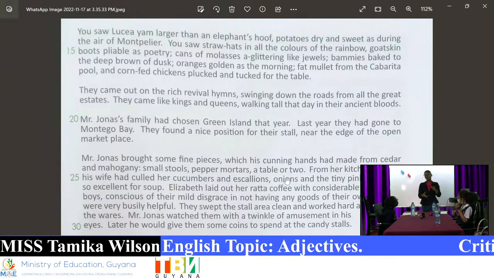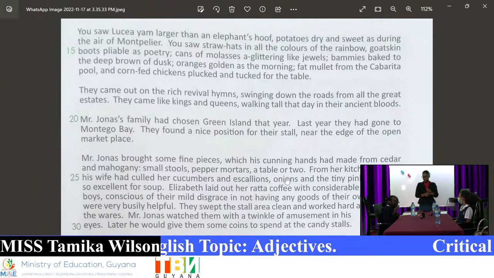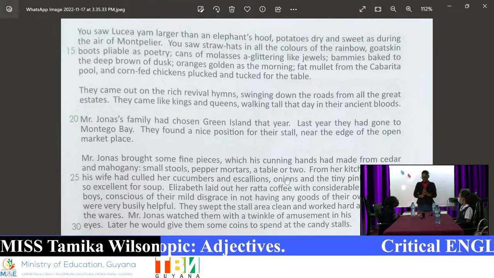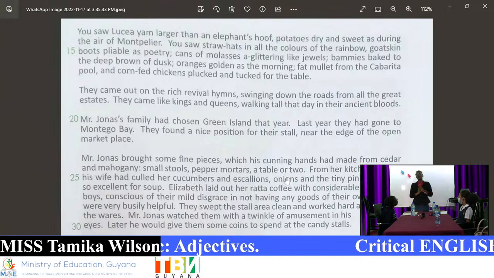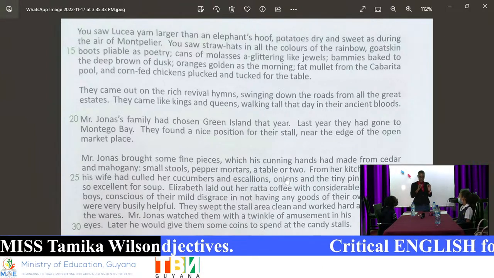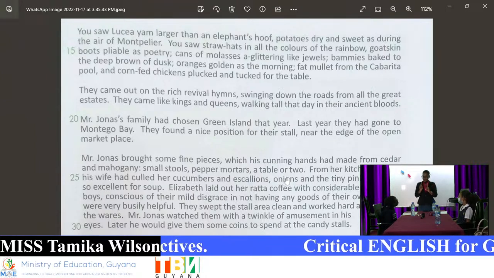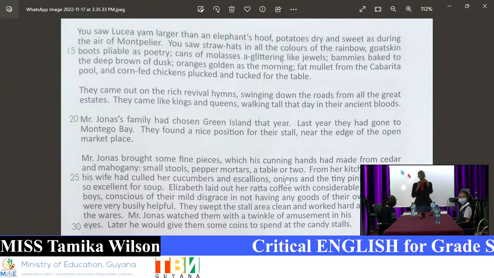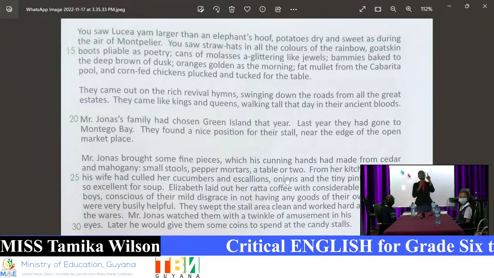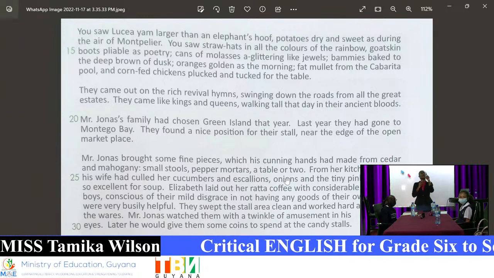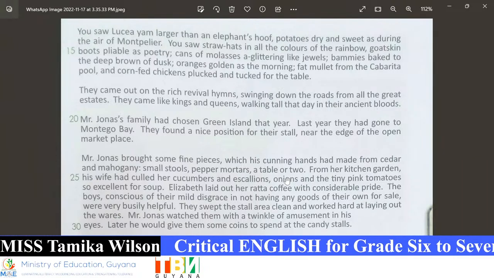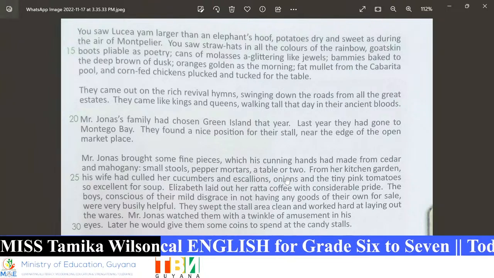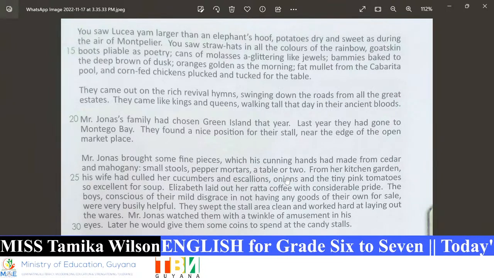And that's a metaphor. So we're making use of figurative language there, and we're also doing it in such a way that we appeal to the reader's sense of sight. Look at the other ones. Potatoes dry and sweet, as during the year of Mount Pillar. You saw straw hats in all colors of the rainbow. So can we talk about what colors we might be seeing?